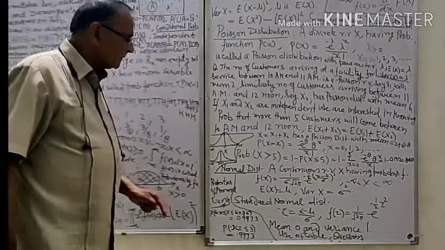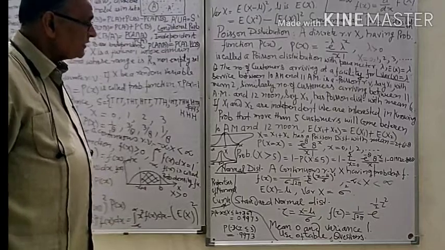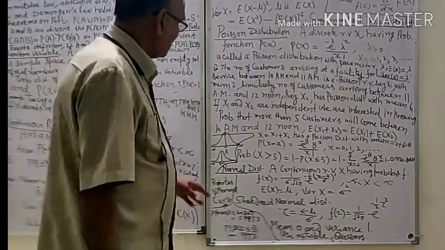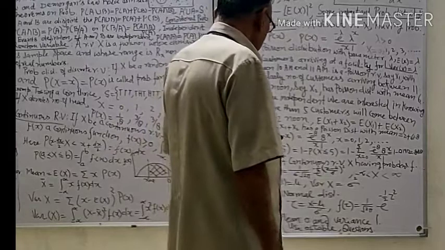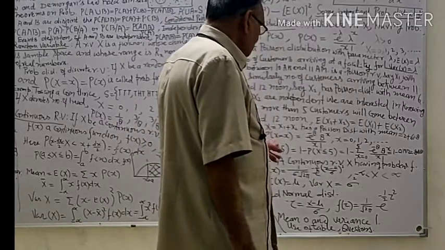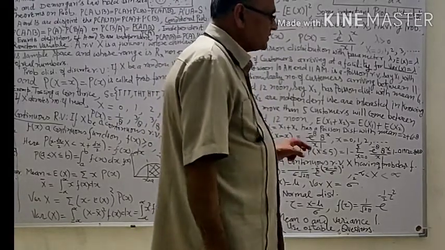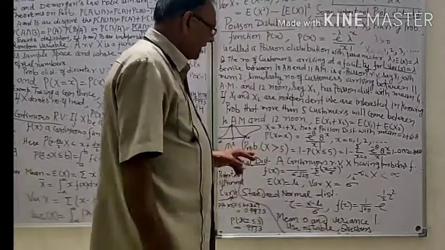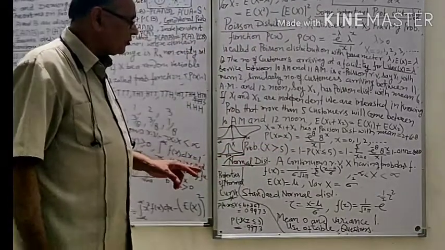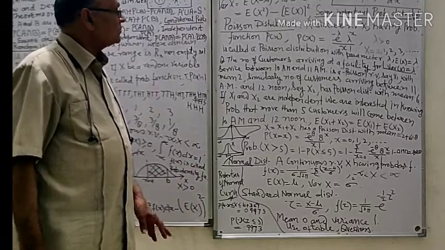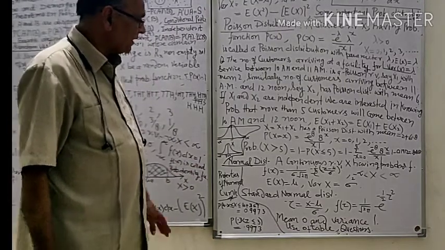So this is the probability that more than 5 arrivals will be there in the interval 10 a.m. to 12 noon. So this is about this Poisson distribution.